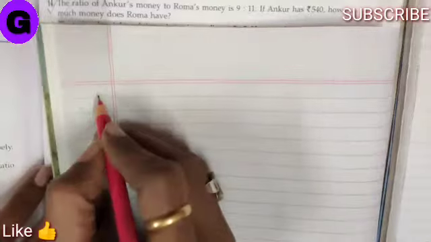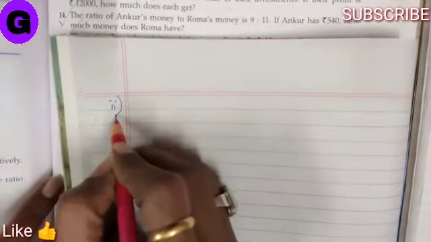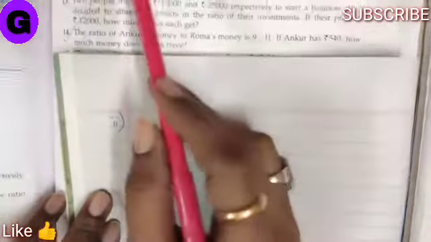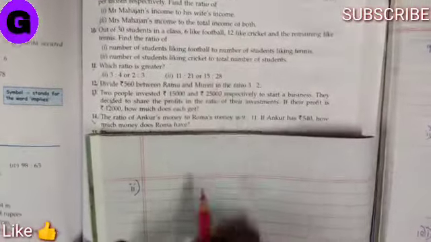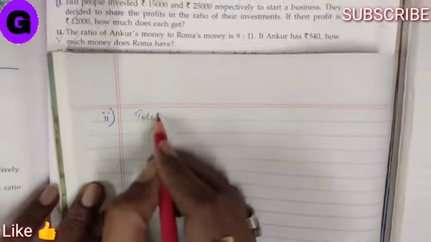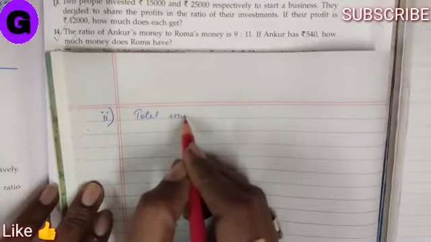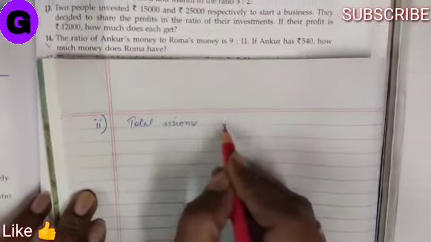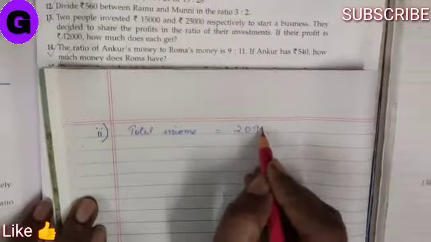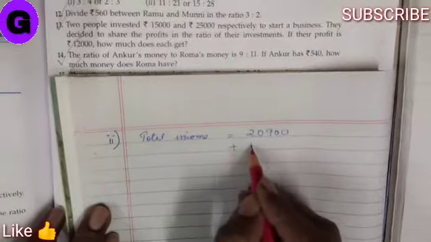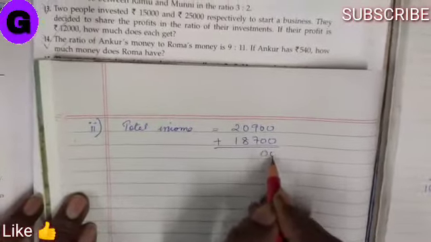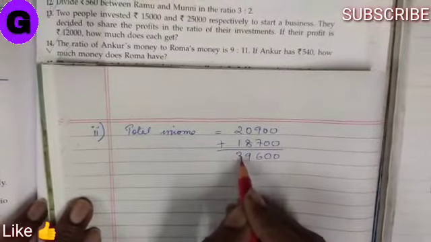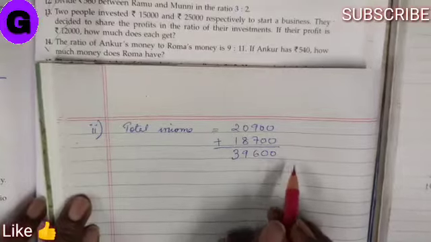Now number 9, subpart 2, they want us to find the ratio of Mrs. Mahajan's income to the total income of both. Now total income is 20900 plus 18700, which is coming down to 39600.